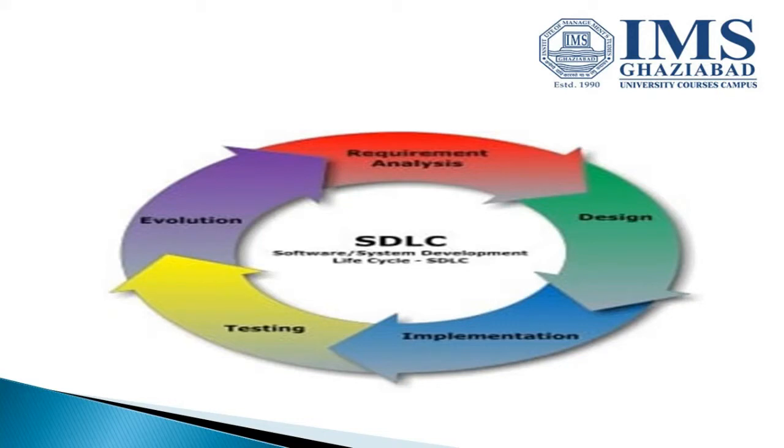After the design phase, come to the implementation part. Implementation and the coding phase of the software development life cycle is the third phase. It's a very important phase of the SDLC process. The first phase of the SDLC is the requirement.